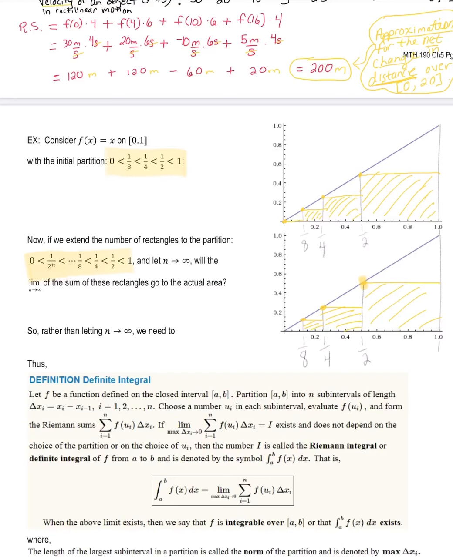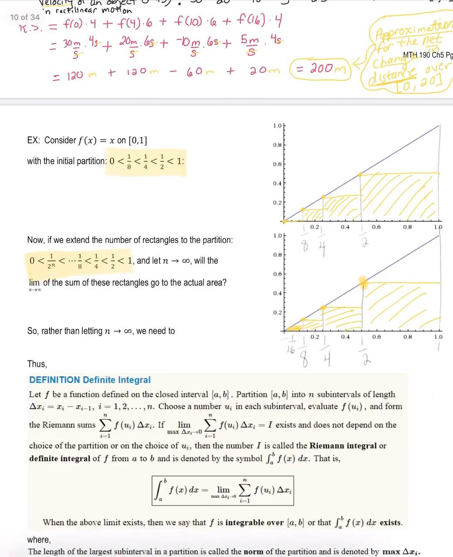I don't know, if I can squeeze something in here, maybe right about here. And then maybe we did half of that one, so it would be in here, and I'm very quickly not able to really draw anything more. So here I was trying to draw in 1/16th in here. I was attempting to draw in, this was supposed to be at 1/16th, and so on. But it's very, very small, so pretty difficult to do.